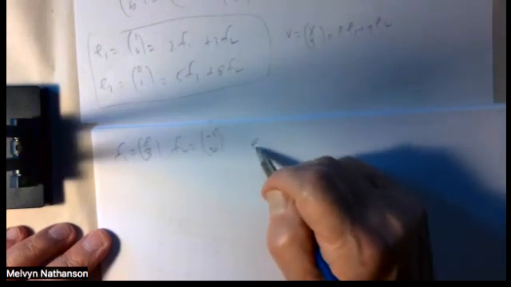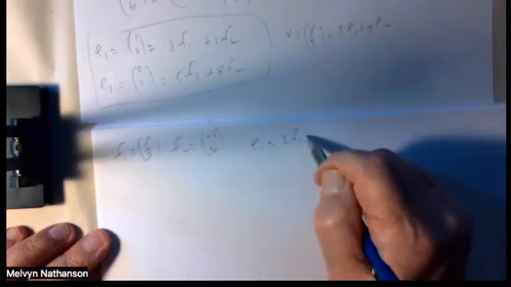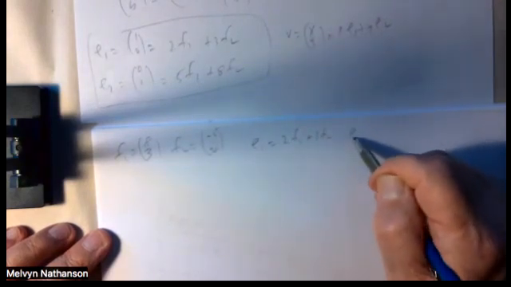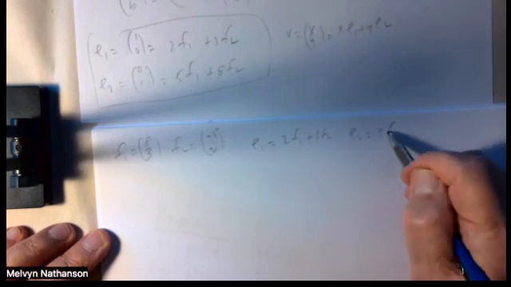So I have F1 is (8, -3), F2 is (-5, 2). And E1 is 2F1 plus 3F2. E2 is 5F1 plus 8F2.